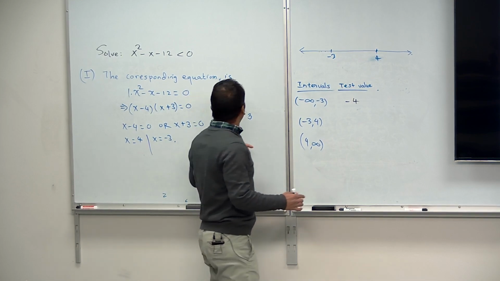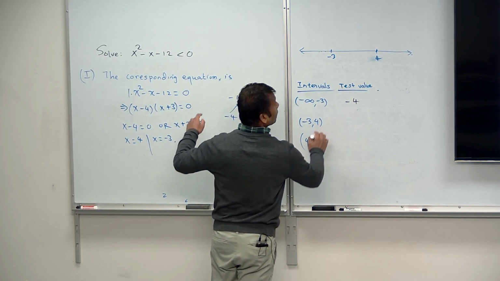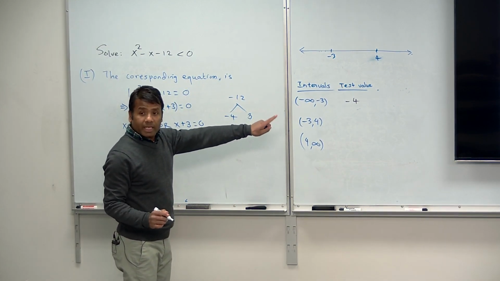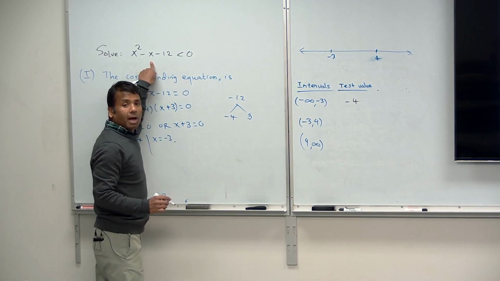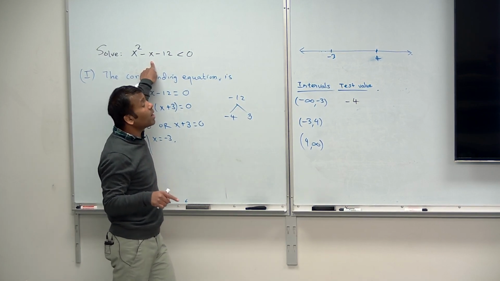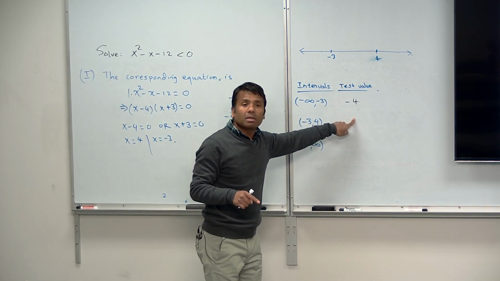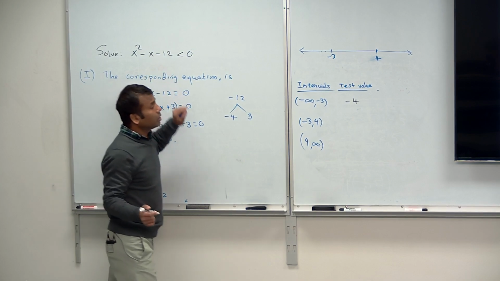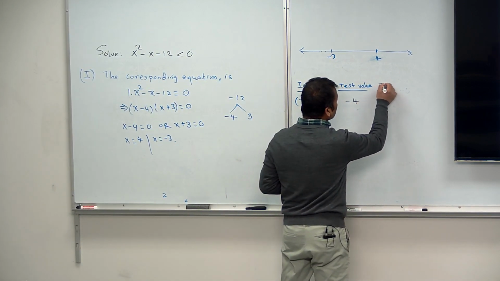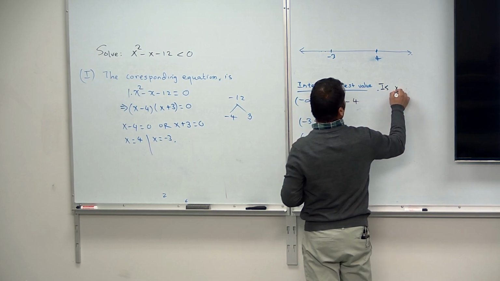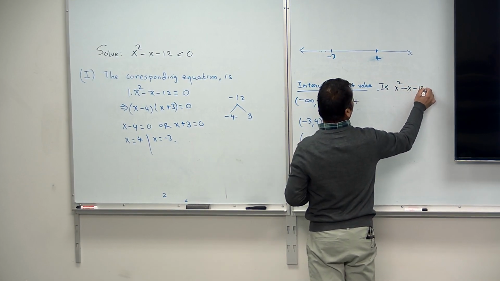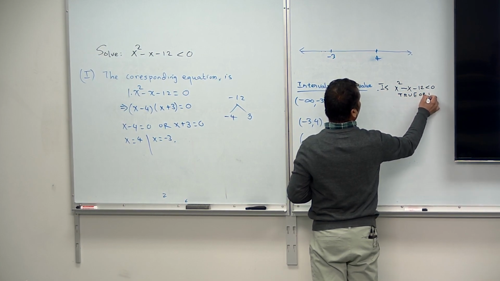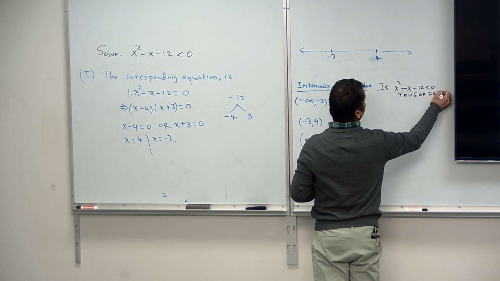Because we will plug in this test value in this inequality, and we will see whether this test value satisfies this inequality or not. So the question is: is x squared minus x minus 12 less than 0 true or false? This is the question we have to answer.